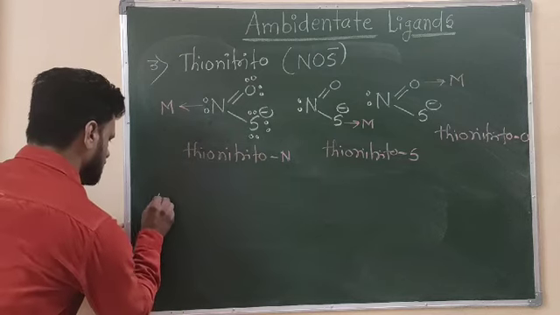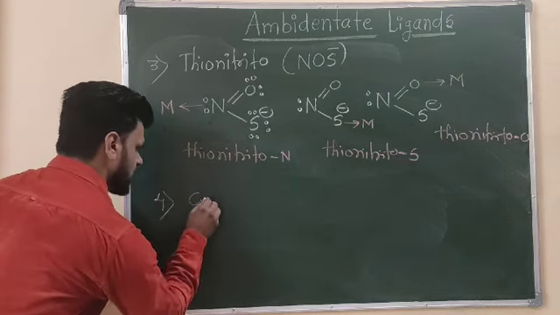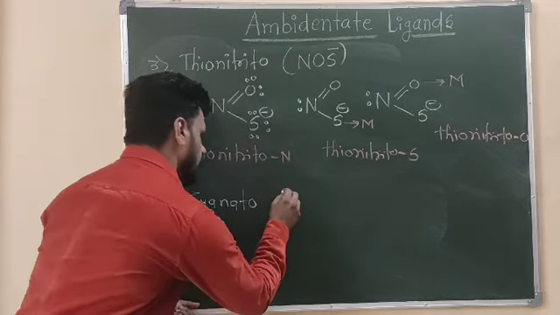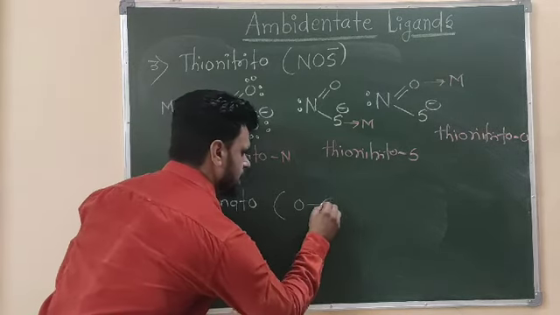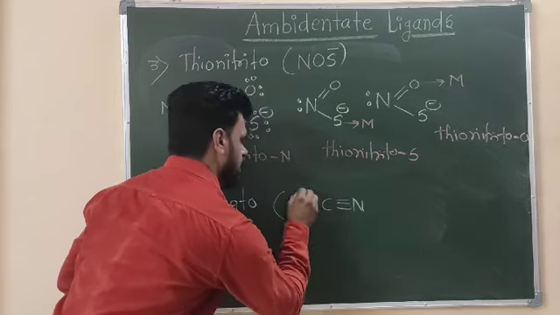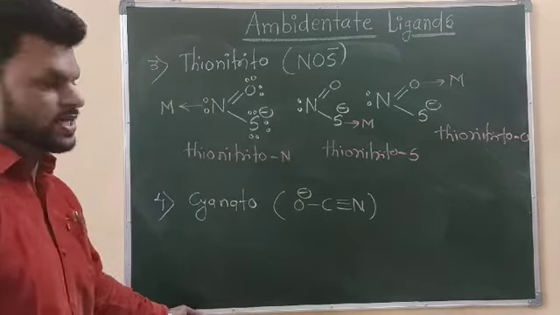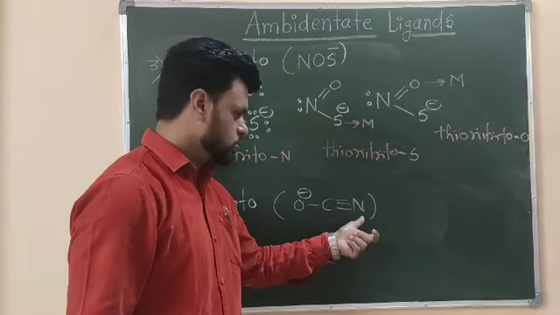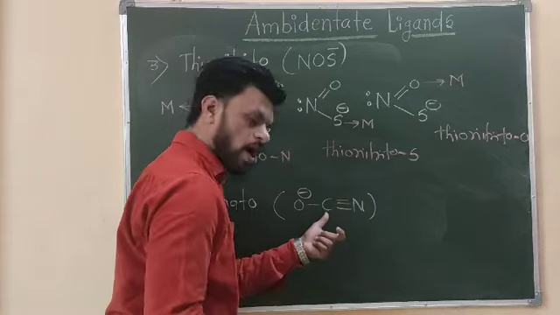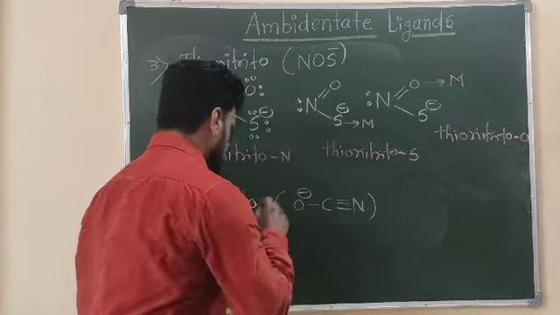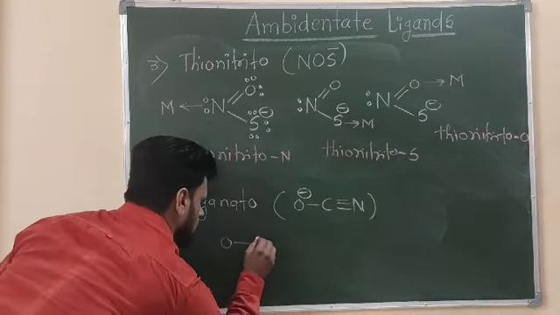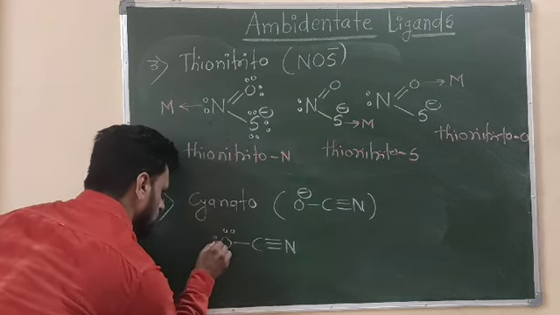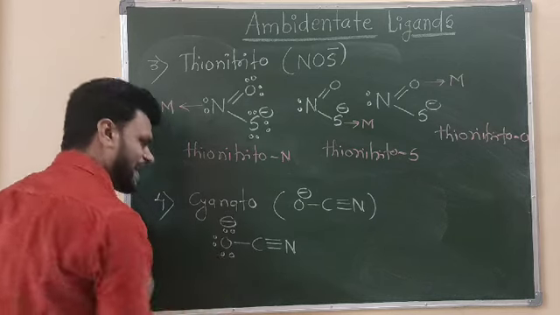Now I am moving to the fourth. The next example is the cyanato ligand, and the structure is O C double bond N, and we have a minus charge. Remember that in this case, oxygen and nitrogen act as donor sites, but carbon never forms a bond with the metal. So the structure for this is O C triple bond N, and this carries a 3 electron lone pair since it already has a negative charge.